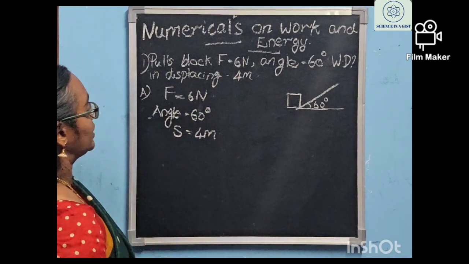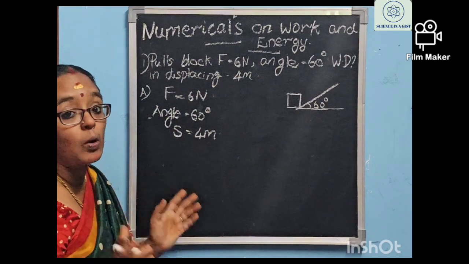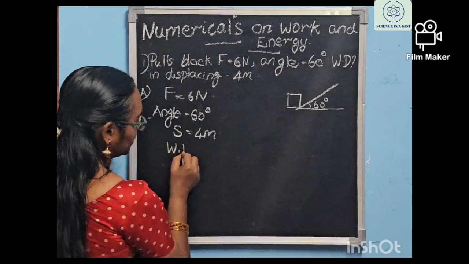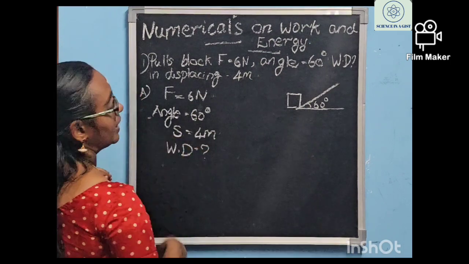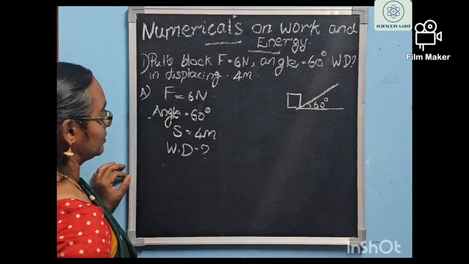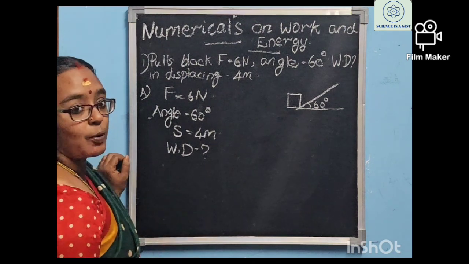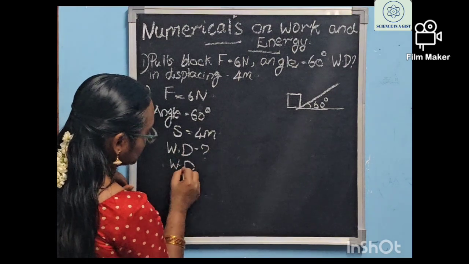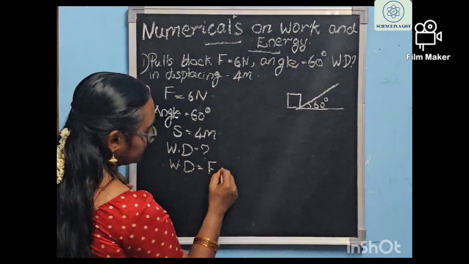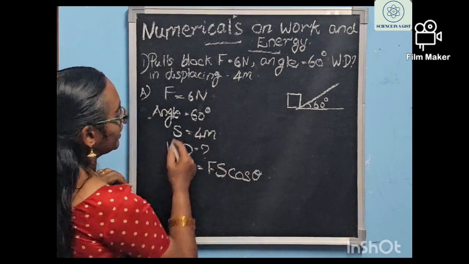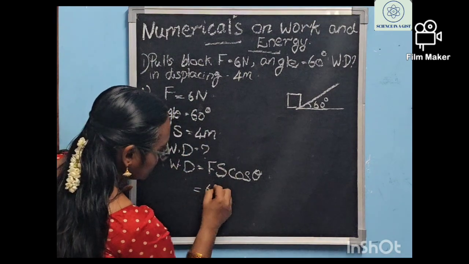Then the fourth point is what? What is the thing which we have to find? You have to write that. What you have to find here is the work done. The fifth point is you have to apply the formula. What is the formula? Work done is equal to F S cos theta. What is F over here? 6.